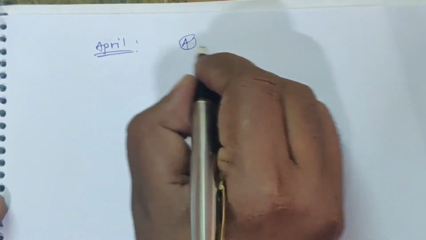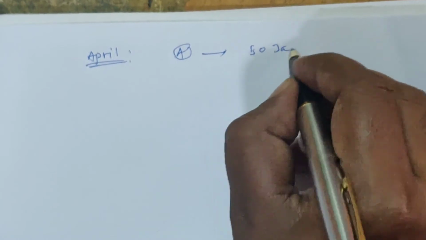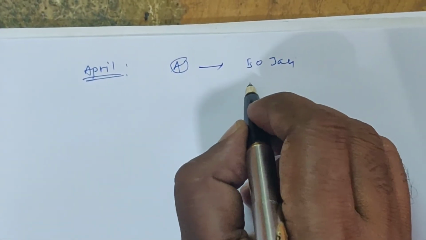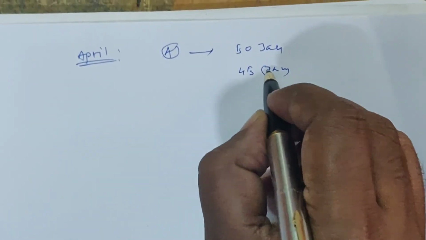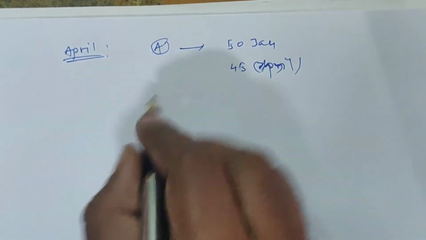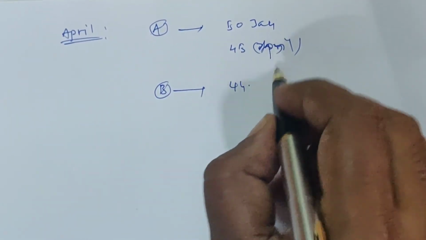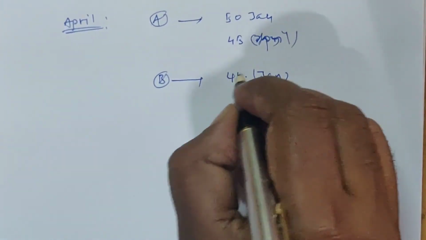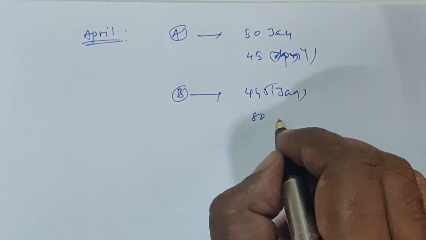April is also conducted. For example, candidate A got 50 percentile in the January phase and 45 percentile in the April phase. Candidate B got 44.5 in January and, for example, 80 in April.